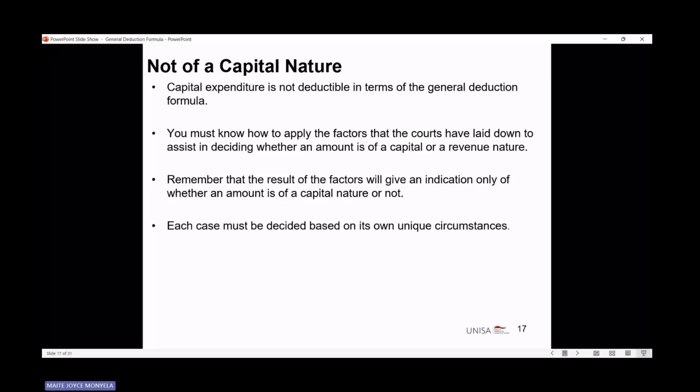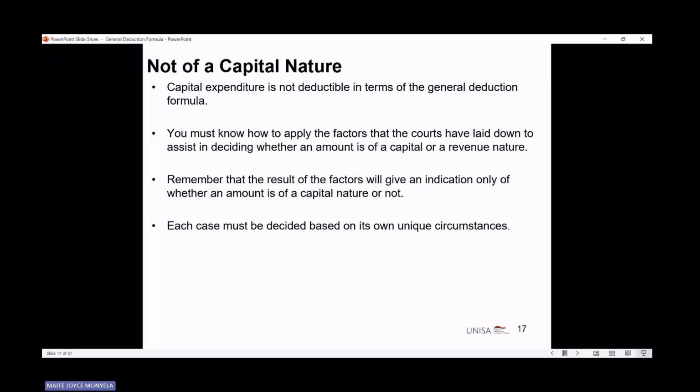So for this module, you need to know how to apply the factors that the court has laid down, so you need to know how to apply the court case. Remember that the result of the factors will give an indication whether the amount is of capital nature or not. Each case must be decided based on its unique circumstances.